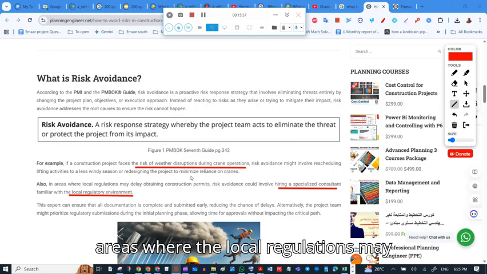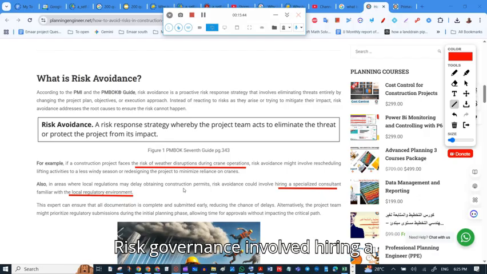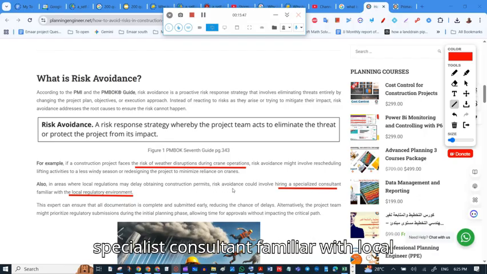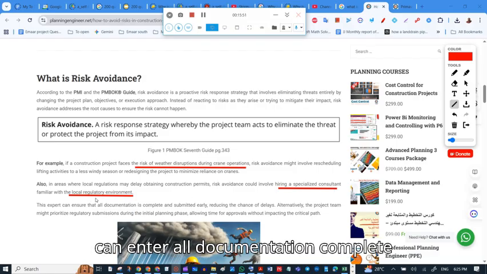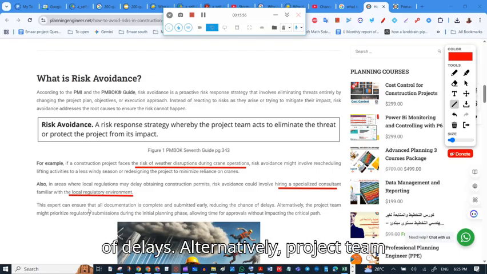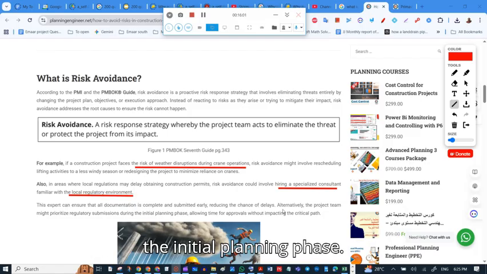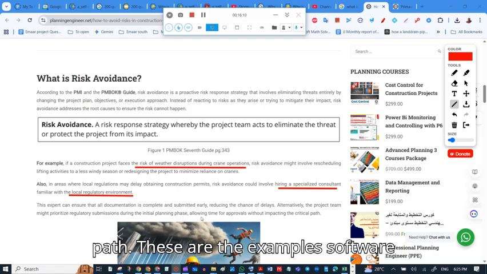Also, in areas where local regulations may delay obtaining construction permits, risk avoidance involves hiring a specialist consultant familiar with the local regulatory environment. This expert can ensure all documentation is completed and submitted early, reducing the chance of delays. Alternatively, the project team can prioritize regulatory submissions during the initial planning phase, allowing time for approvals without impacting the critical path. These are examples of risk avoidance.